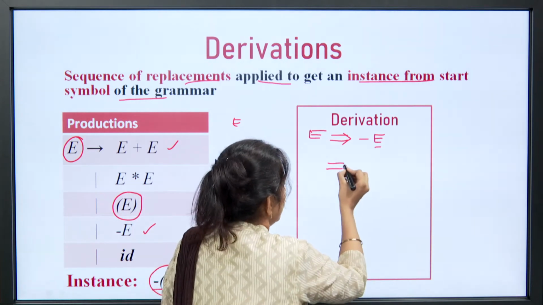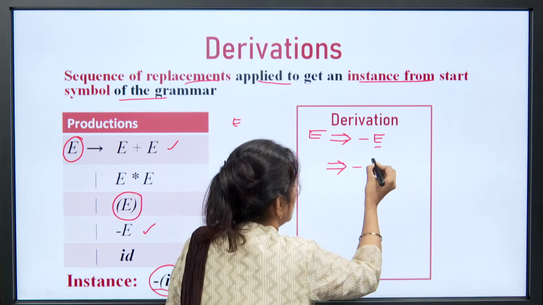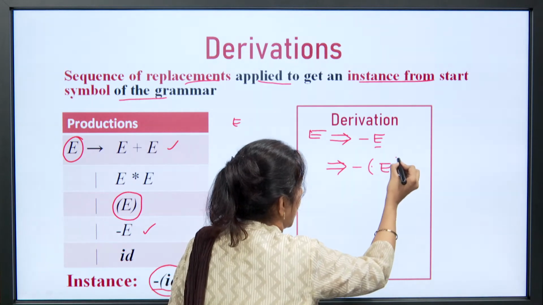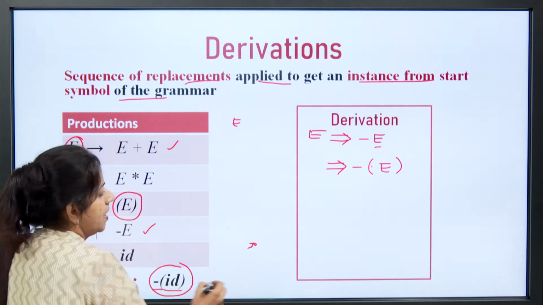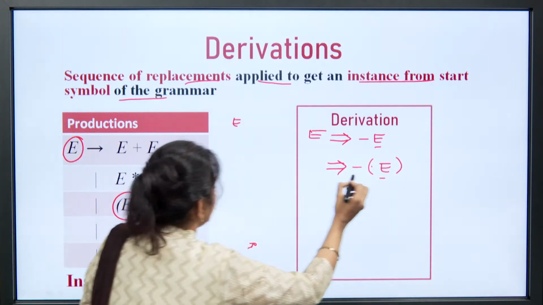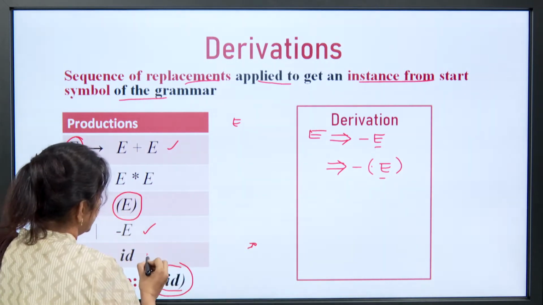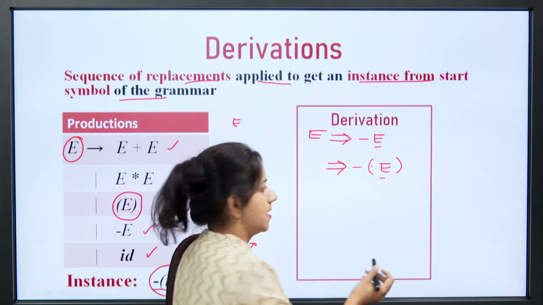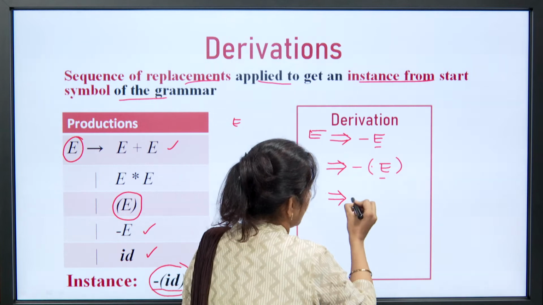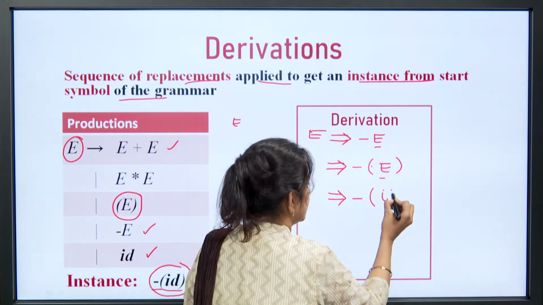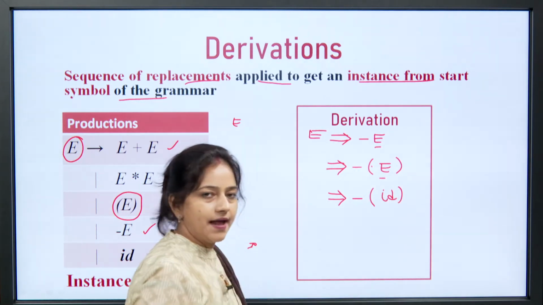Now, E derives minus opening parenthesis E and closing parenthesis. Now, we need to get ID, and here we have E. This E should be replaced with this alternate, so this derives minus opening parenthesis ID and closing parenthesis.